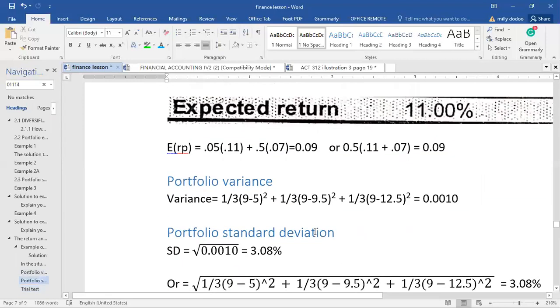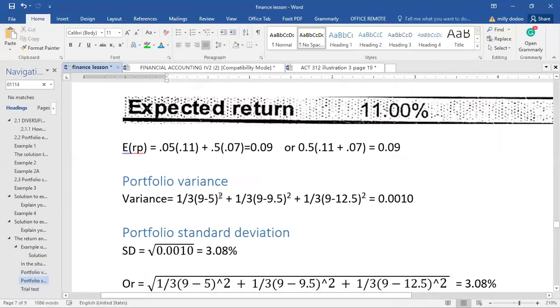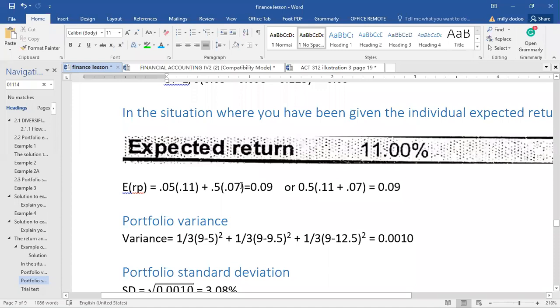So in our illustration over here, if we say we want to find the portfolio variance, which one is our probability? We found out that the probabilities of the investments now are 1/3. Now, the portfolio expected return we had was how much? It was 9%. So bear it in mind.